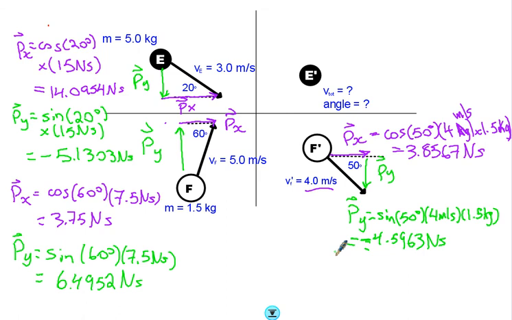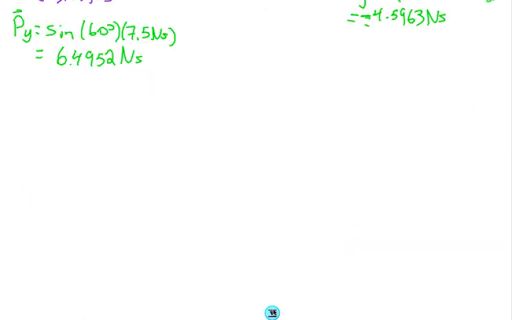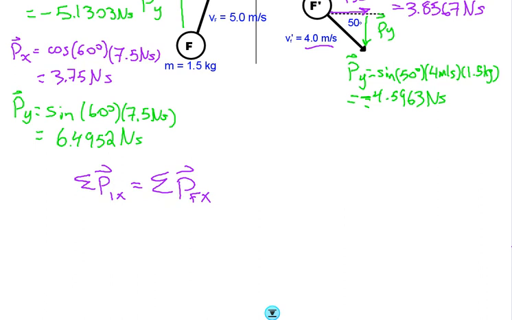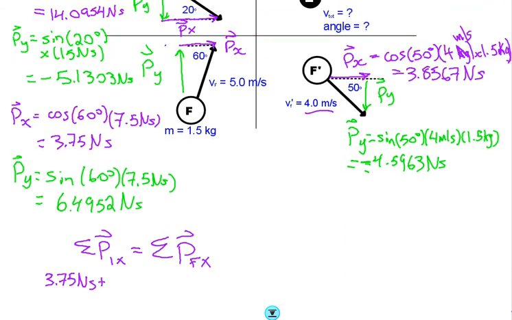Now we can start to deal with the actual conservation of momentum idea. So let's do the x direction first. The sum of the momentum initially in the x direction has to equal the sum of the final momentum in the x direction. So what's my initial x momentum here? We've got 3.75, and we've got, what was the other one there? 14.0954.